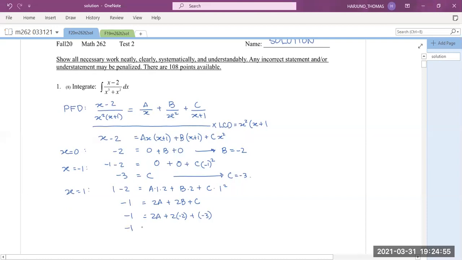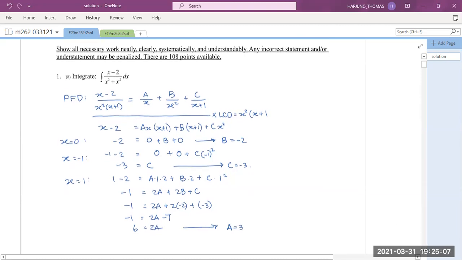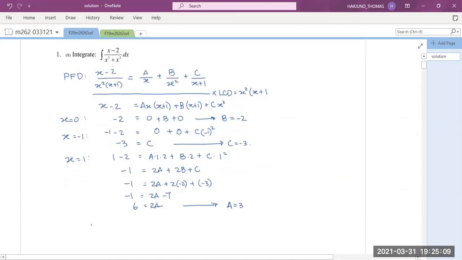So negative 1 equals 2a minus 7. 6 equals 2a, so a equals 3. So x minus 2 over x squared times x plus 1 is now equal to 3 over x minus 2 over x squared minus 3 over x plus 1.